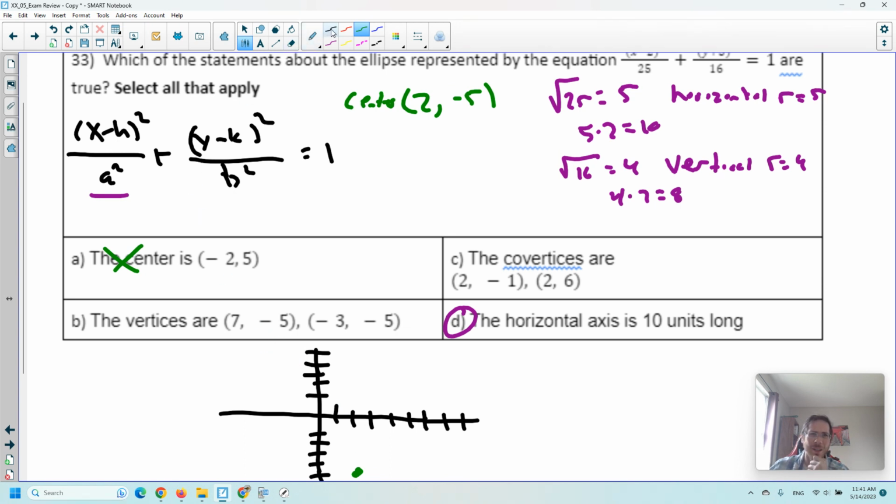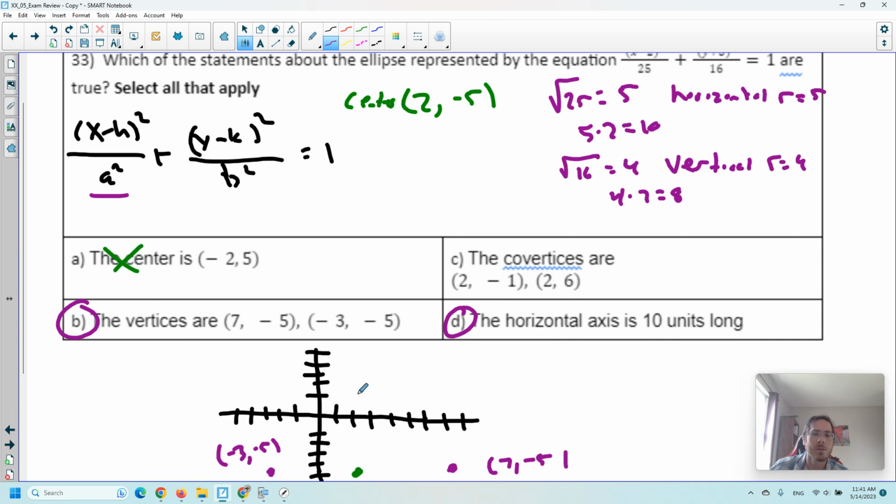So to plot all of the points, I know my horizontal axis is 5 for my radius. So from here, I've got to go 1, 2, 3, 4, 5 out. So if I'm there, that's going to be at 7, negative 5. And then I got to go back 5. 1, 2, 3, 4, 5. So this is going to be at negative 3, negative 5. All right, well, actually, that works out. Those are my vertices, so I'm good to go with my vertices.